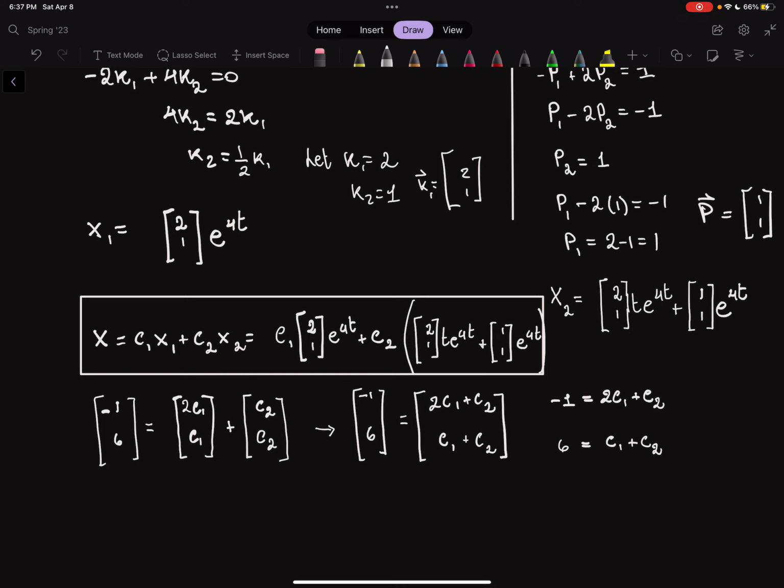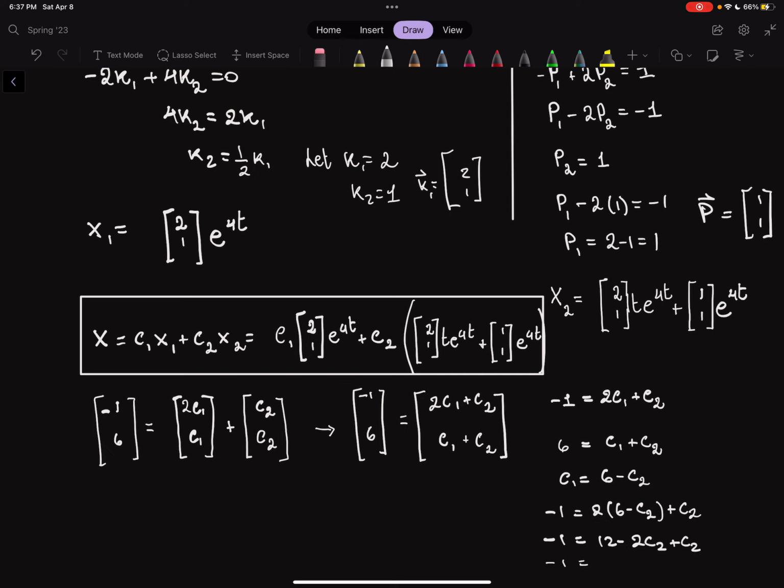Now, let's solve for C1 at the bottom. So C1 is equal to 6 minus C2. And I can plug it at the top. So -1 is equal to 2 times 6 minus C2 plus C2. So -1 is equal to 12 minus 2C2 plus C2.